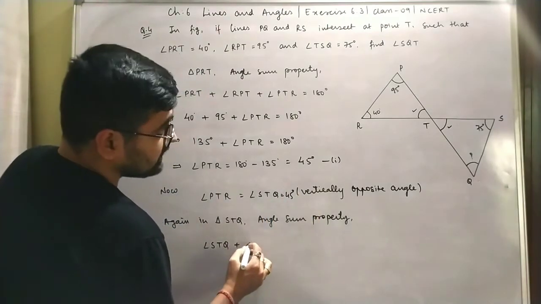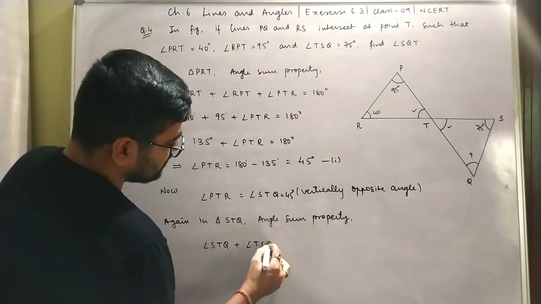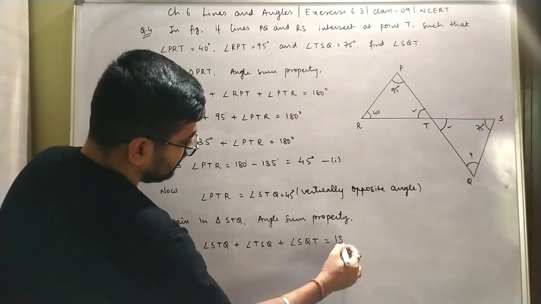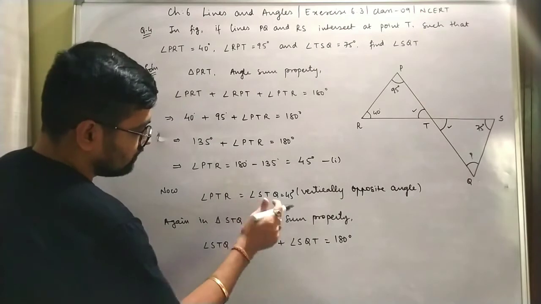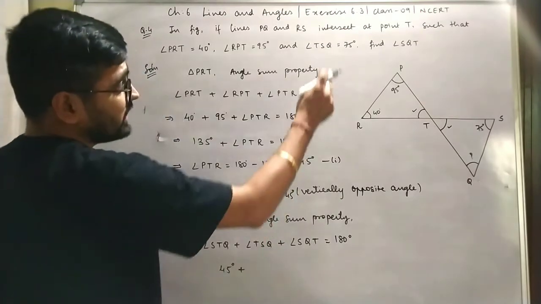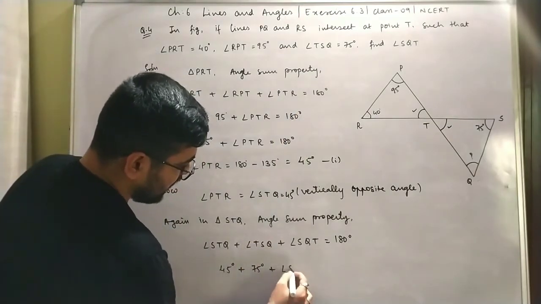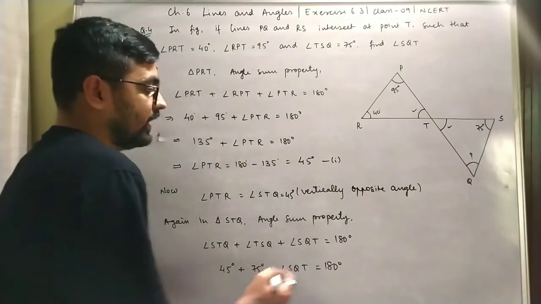STQ plus angle TSQ plus angle SQT is equal to 180. STQ is equal to PTR, that will be 45 degrees, plus TSQ I know, 75 degrees, plus angle SQT is equal to 180.